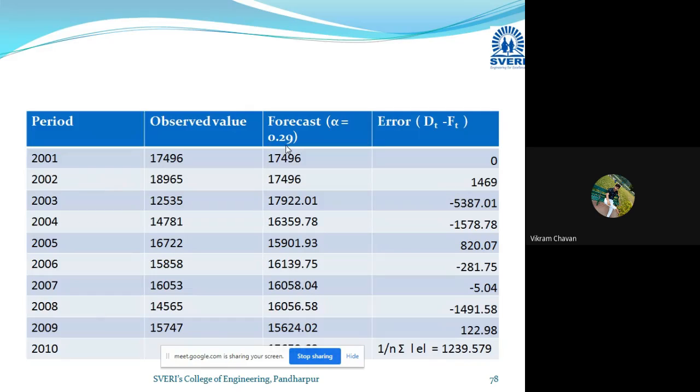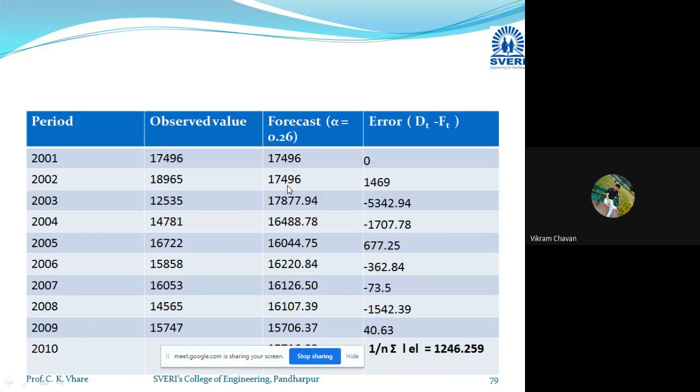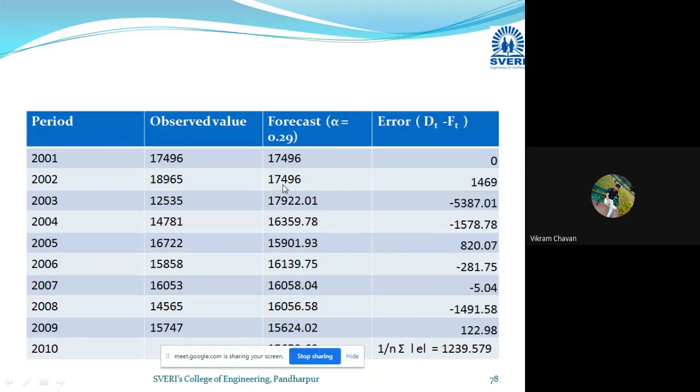Just put these two values in that formula and find out the forecasted demand for the year 2002. Check whether you are getting the same value, 17,496, or another value.